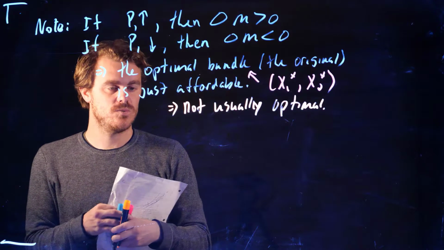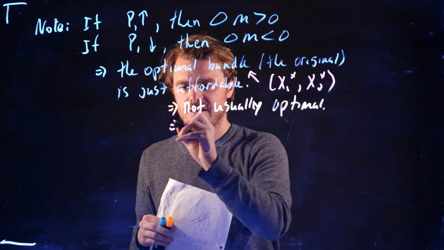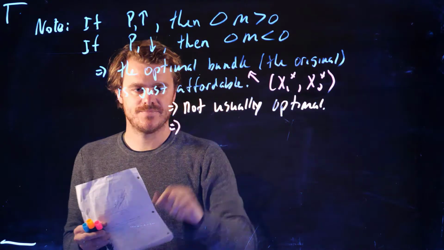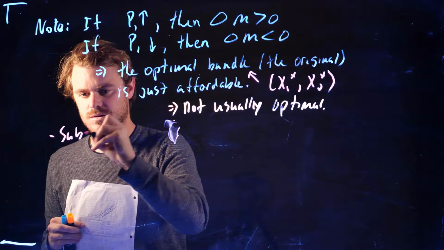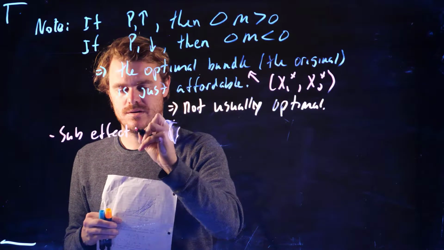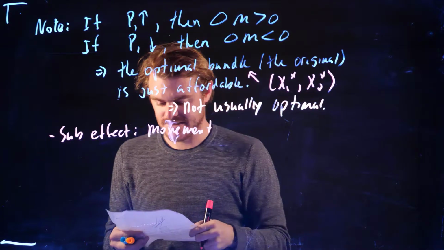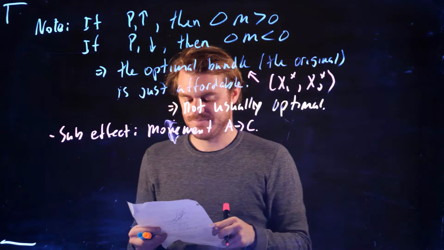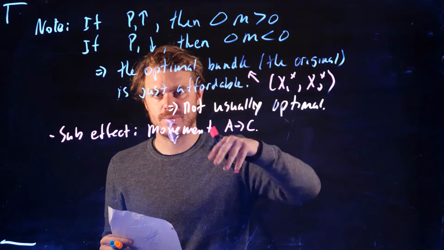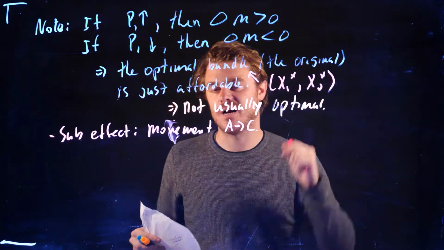And so if we're going back to that graphical representation we saw, the substitution effect, I'll write it over here, is that movement or the distance from A to C. We looked at the graphical representation of the income and substitution effects a couple videos ago.